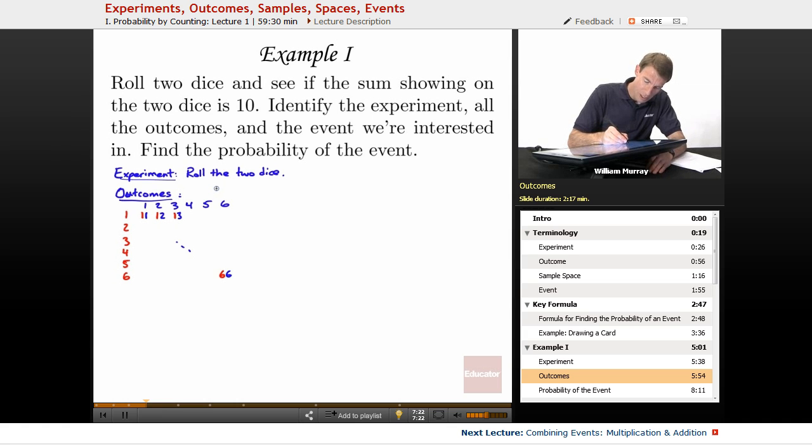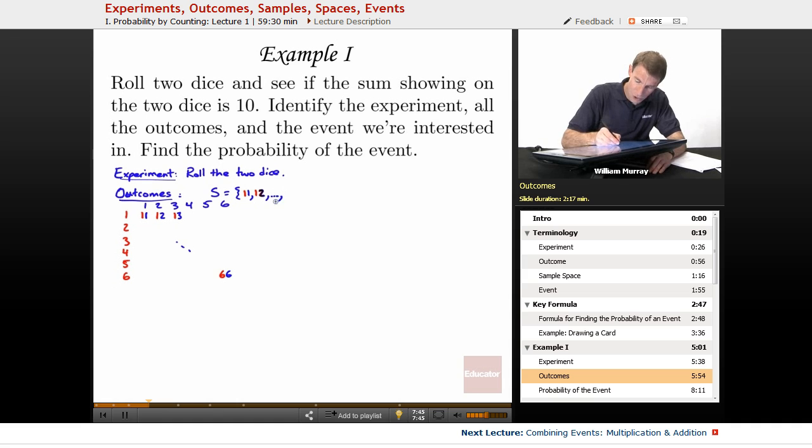So our sample space here is all those possible outcomes. We could have a red 1 and a blue 1. We could have a red 1 and a blue 2. Oops, I meant to make that 2 blue. Let me see if I can make it look more blue there. There we go.